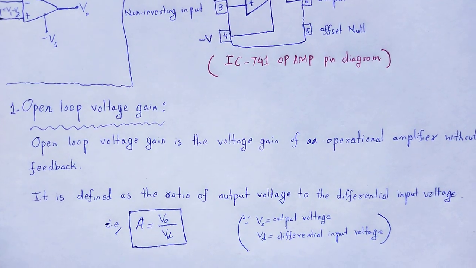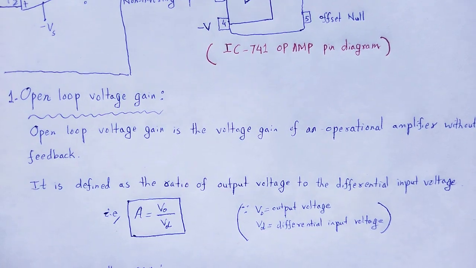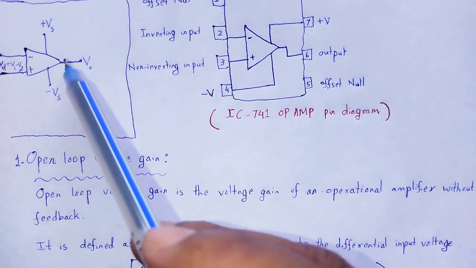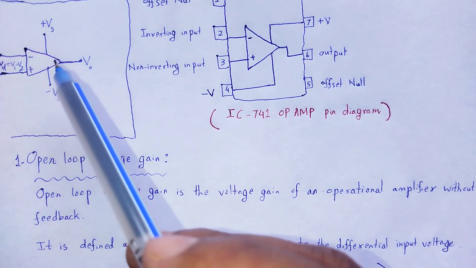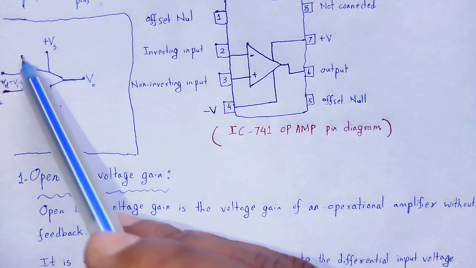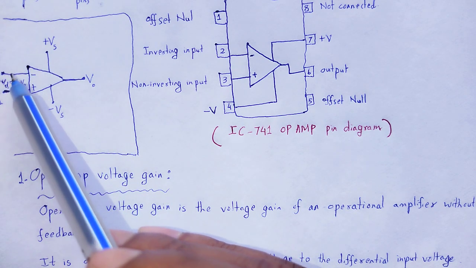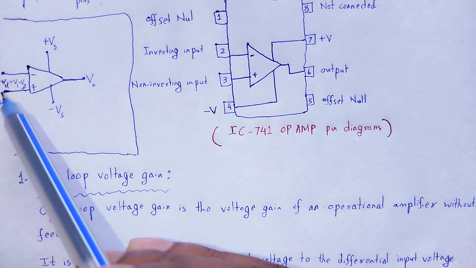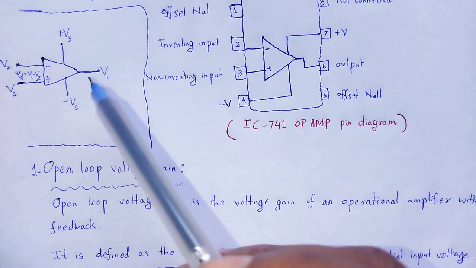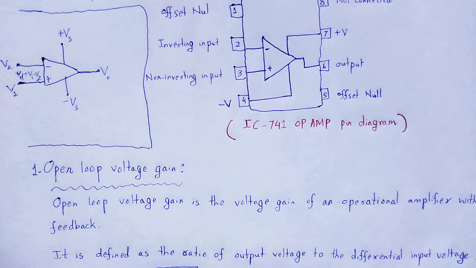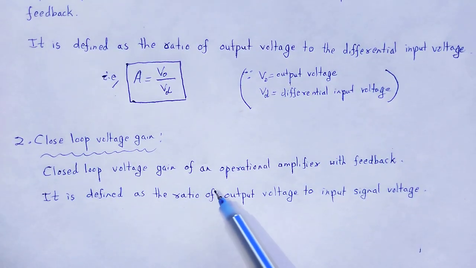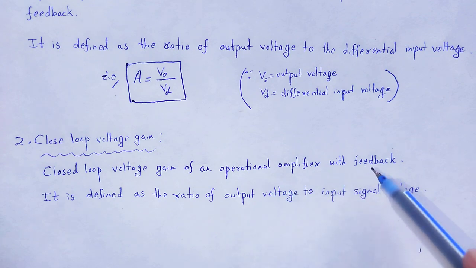Next, closed loop voltage gain. In case of closed loop voltage gain, we add some kind of feedback. Some portion of the output is fed back to the input. Then that type of voltage gain we call closed loop voltage gain. Closed loop voltage gain is the gain of an operational amplifier with feedback.